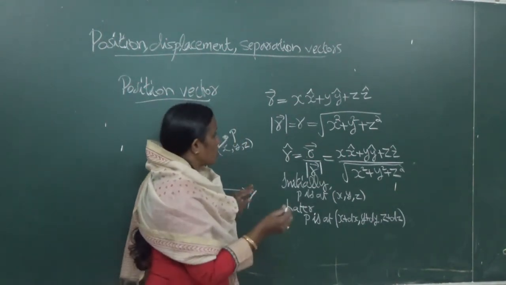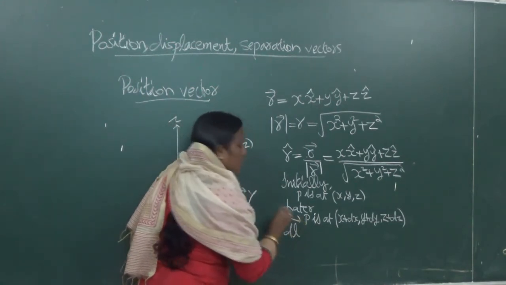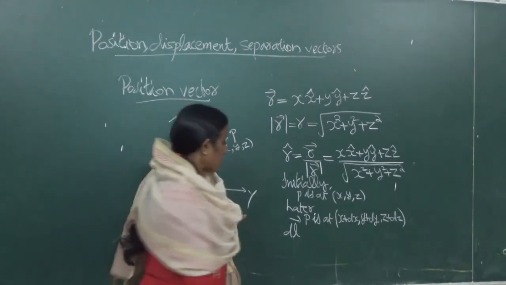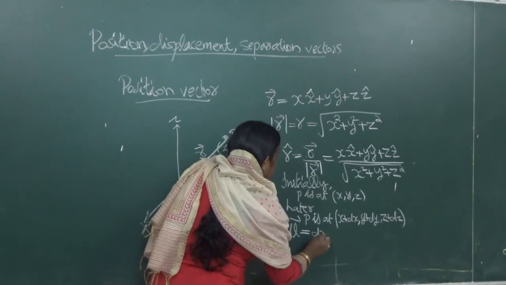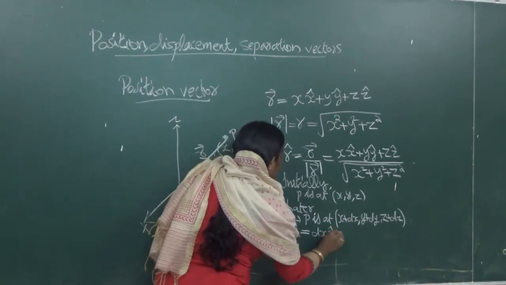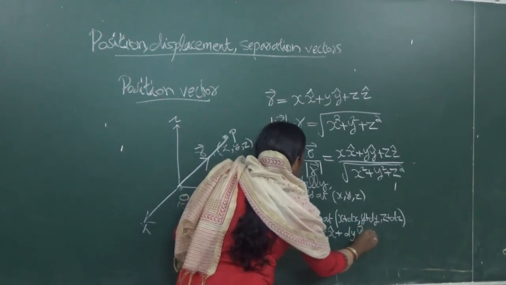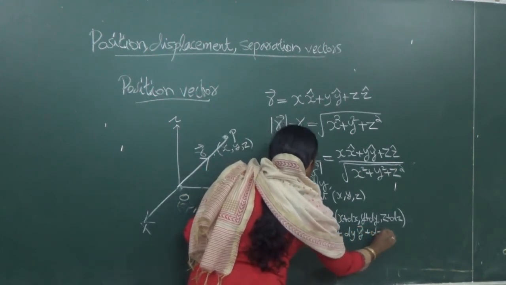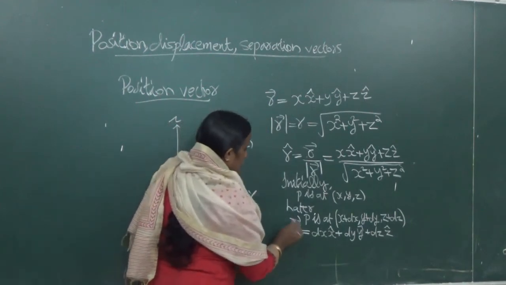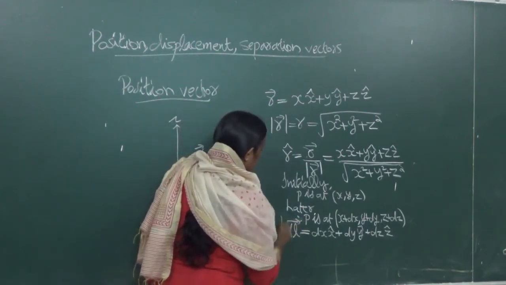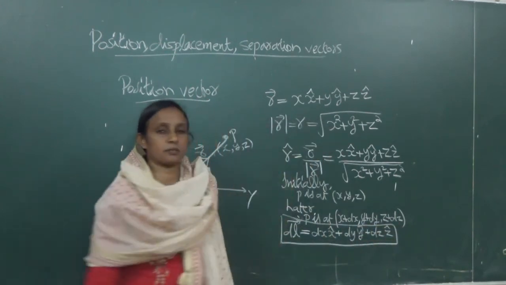We can use the notation dl. This dl is equal to dx x-cap plus dy y-cap plus dz z-cap. This vector is called the displacement vector.